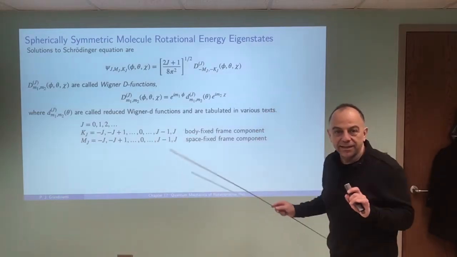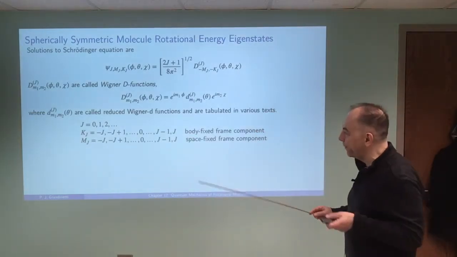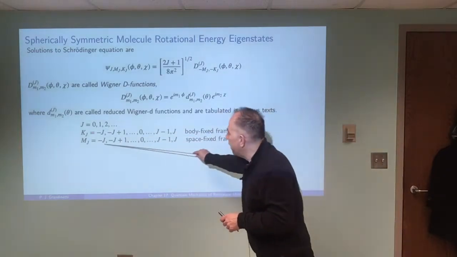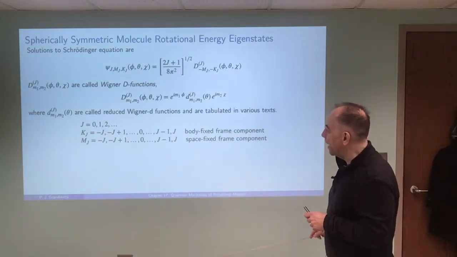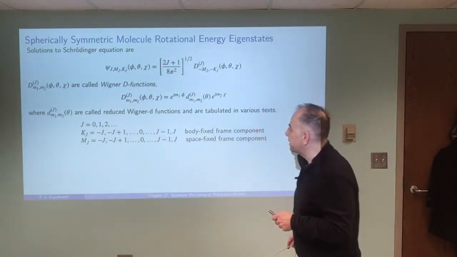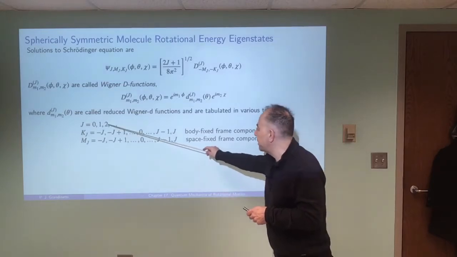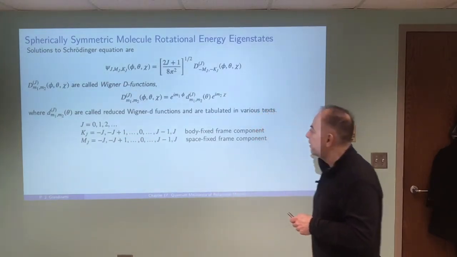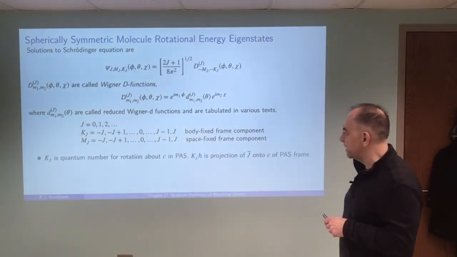And again, I'm not going to get into the details, but you can look them up in any book on angular momentum theory. But the key thing is that we have these quantum numbers here that describe this wave function. J is the total rotational angular momentum quantum number, and then we have the components for the body-fixed frame and the space-fixed frame.